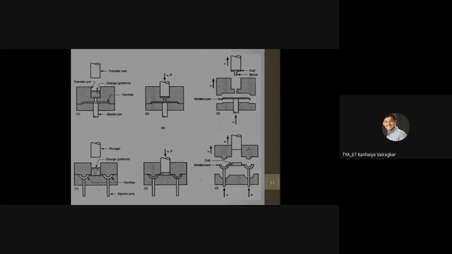Now check out the second section, the lower part. It is for plunger type transfer molding. The charge is kept in the cavity, and there are lateral cavities. The material will directly flow to the lateral cavities because of the pressure from the plunger.